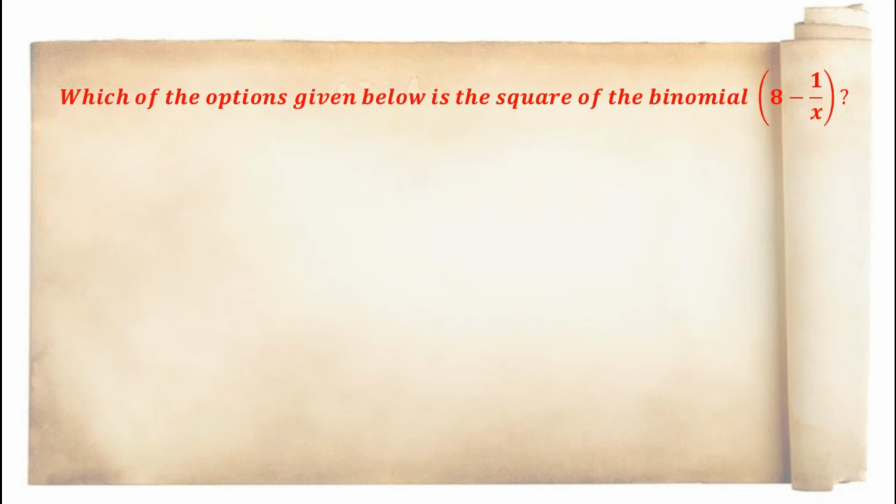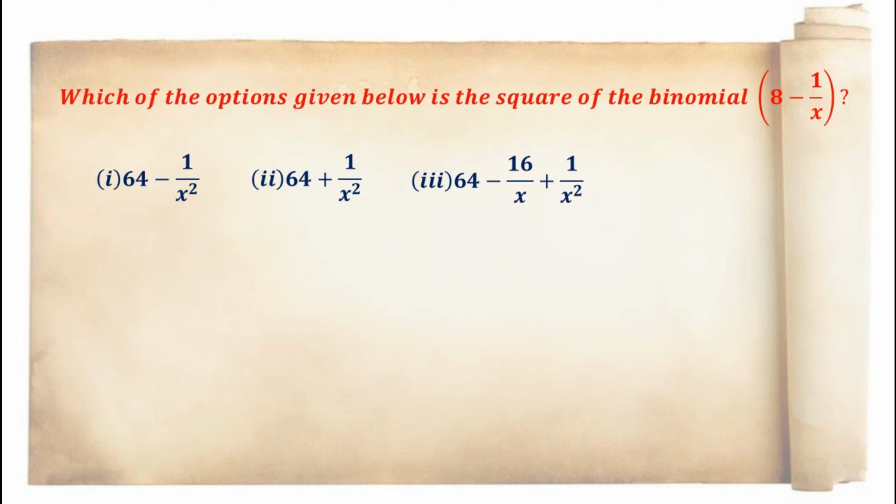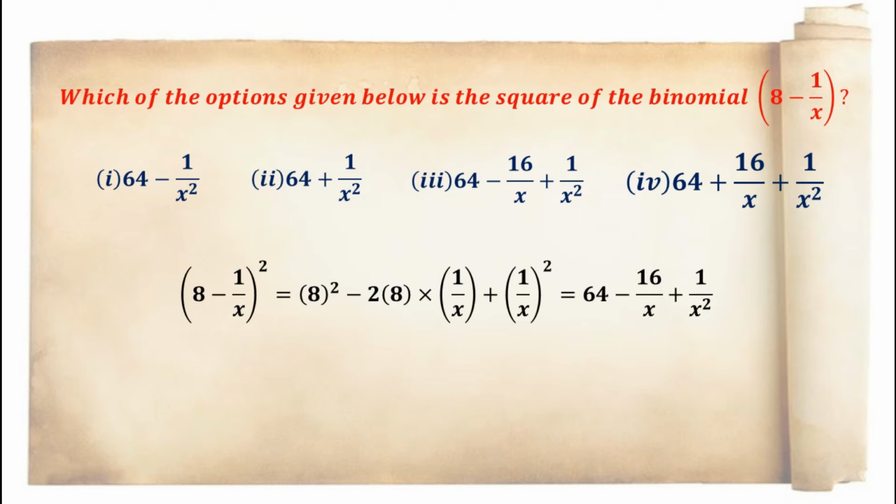Okay, so here are the options: 64 minus 1 upon x square, 64 plus 1 upon x square, 64 minus 16 upon x plus 1 upon x square, and 64 plus 16 upon x plus 1 upon x square. Okay, like this. Now you can see here the answer.